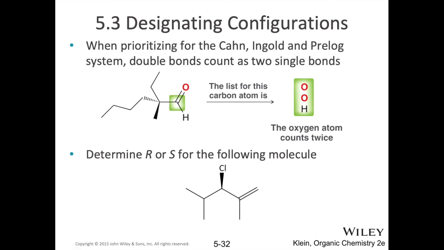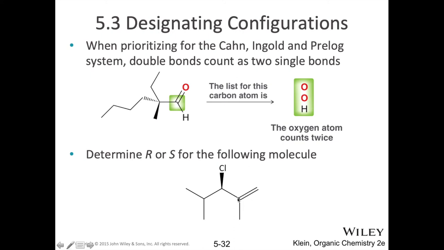Okay, so hopefully you've taken a crack at this, and you've probably realized the hydrogen that's attached to our chiral carbon is pointing away from us, so that's going to make determining the R and S designation a little bit easier. Chlorine, of course, has the highest priority. Out of these two carbons, though, it's the carbon on the right that's going to have a higher priority.